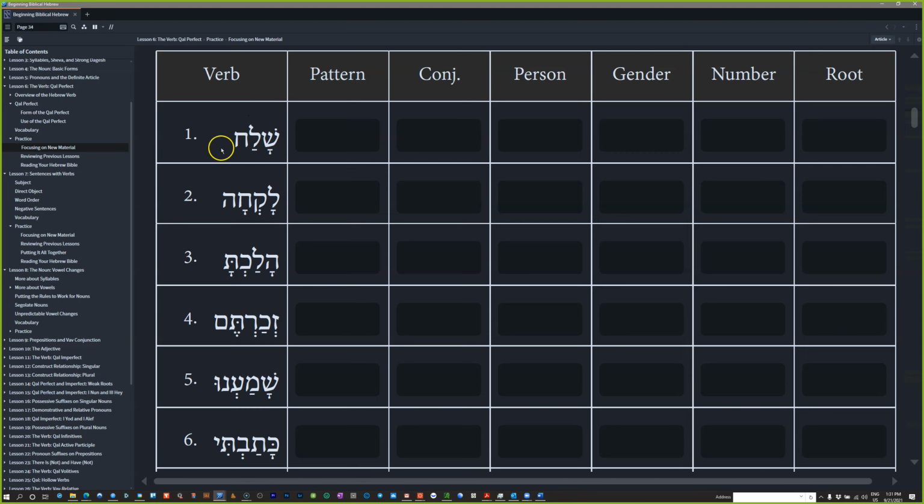That expresses the action of sending specifically as completed, so sent, and then this vowel pattern indicates that it is a third person masculine singular subject doing that. So he sent. That's how that information gets encoded. If that subject is feminine, then Hebrew will add a kametz hey to the end.